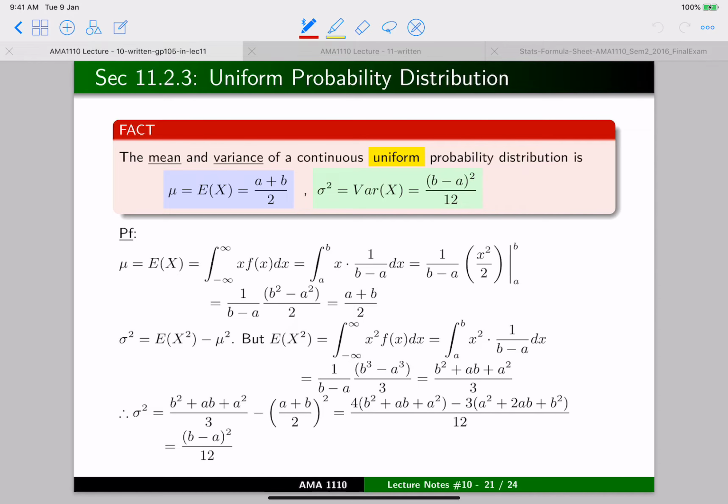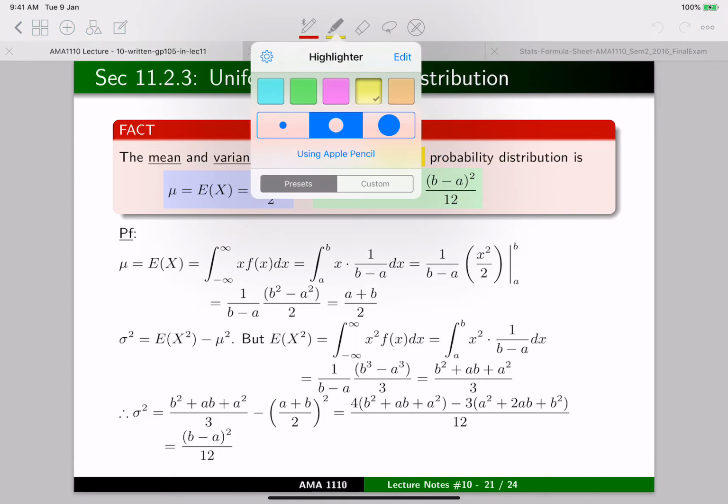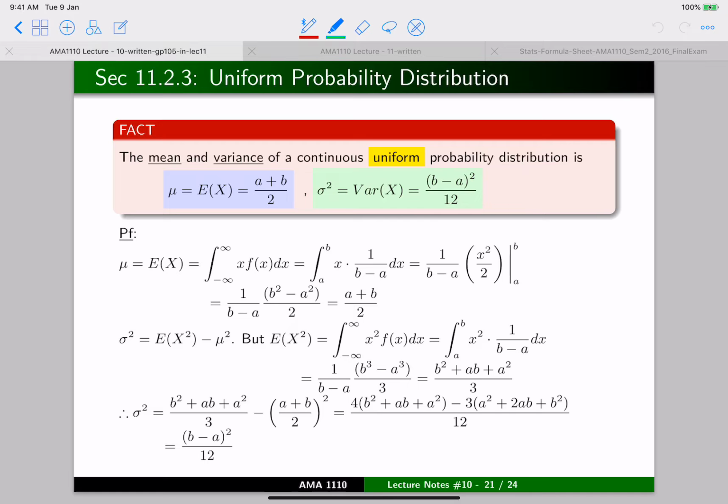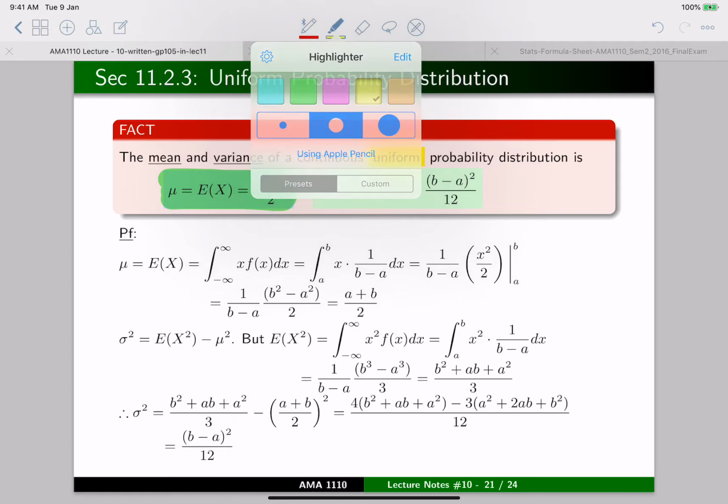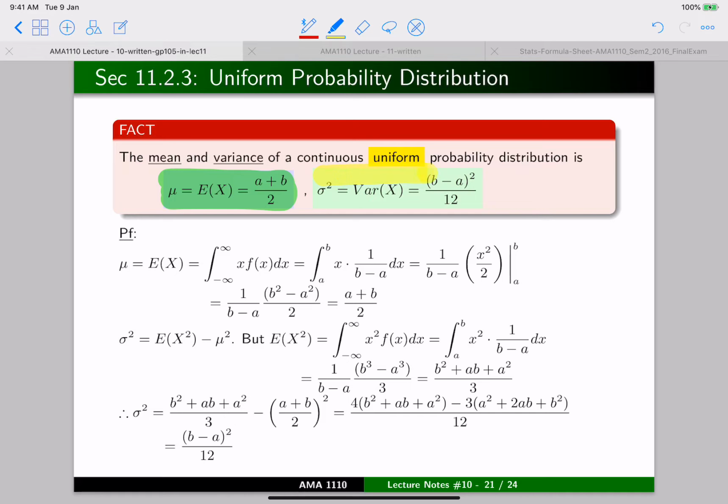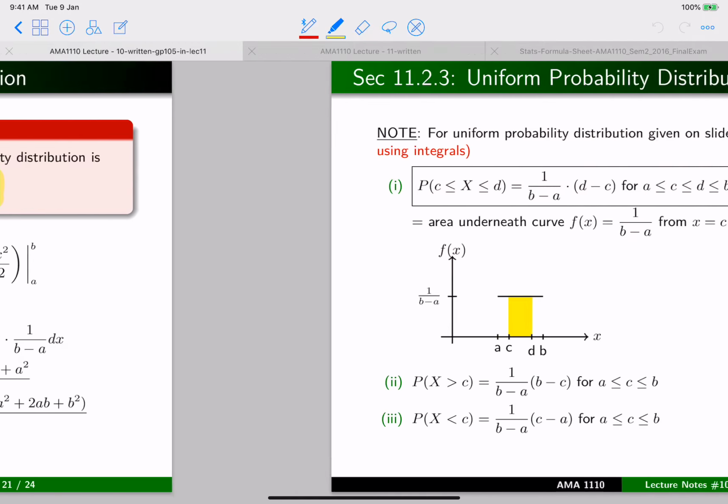In fact, the mean of a uniform probability distribution, you can calculate to be a plus b divided by 2. And the variance would be, in fact, just b minus a squared divided by 12. You can do this pretty simply.